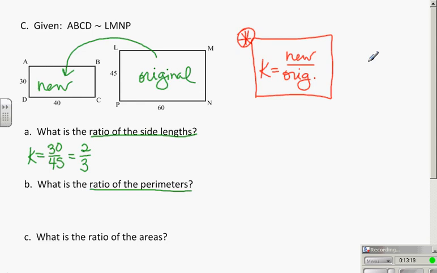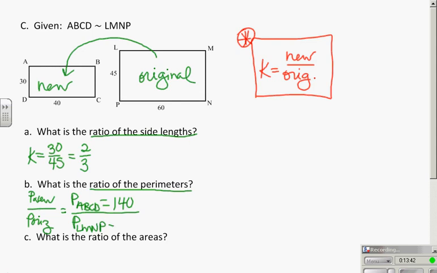The ratio of the perimeters, so we're going to do the perimeter of the new over the perimeter of the original. The perimeter of ABCD is equal to 140.